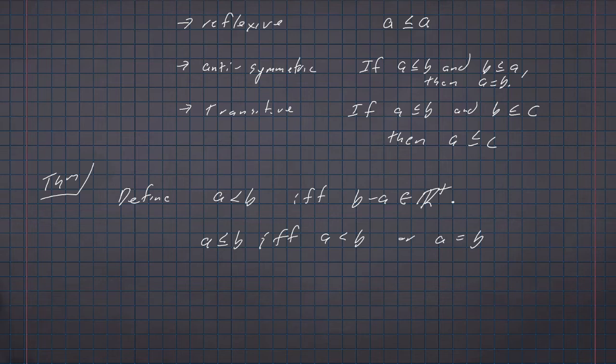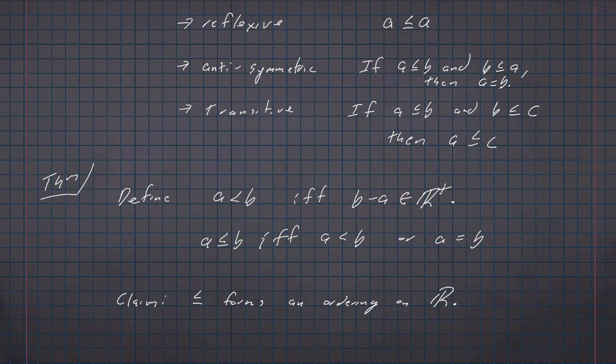And then we'll define A is less than or equal to B if and only if A is less than B or A is equal to B. And our claim is that this rule for less than and for less than or equals forms an ordering relation on the real numbers.